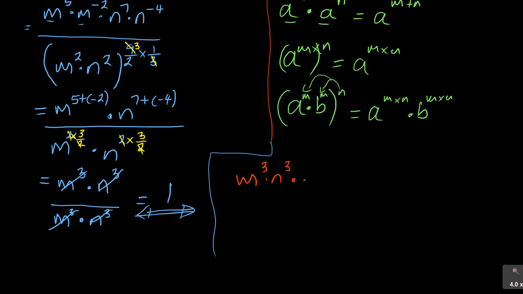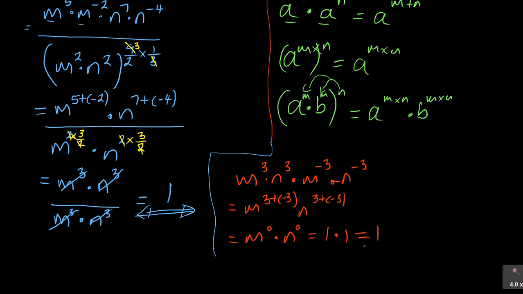Remember, when m goes to the top, it will be negative 3, times again n to the power negative 3, and then I continue to say m to the power 3 minus 3, or 3 plus minus 3, and n again is 3 plus minus 3. So now this will be m to the power 0 times n to the power 0. But if you remember, any number to the power of 0 is 1, times 1, which is equal to 1. It was not necessary, but for argument's sake you could have done that one.